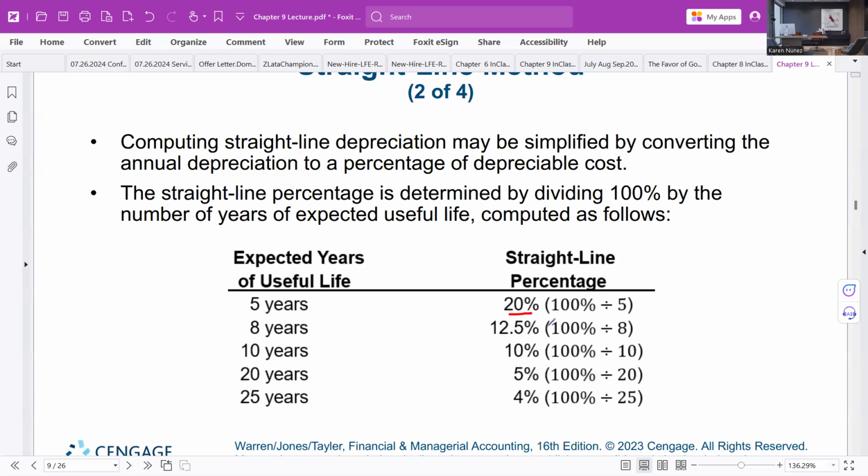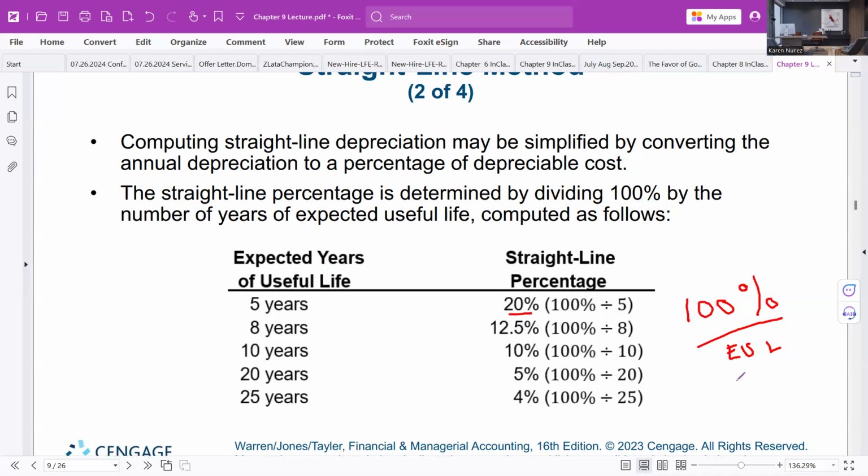The point is that if we want to know what the straight line percentage is, just divide the estimated useful life into 100%. It's always going to be 100% divided by whatever that estimated useful life is. Whether it's 5 years, 8 years, 7 years, 30 years, 50 years, it doesn't matter.